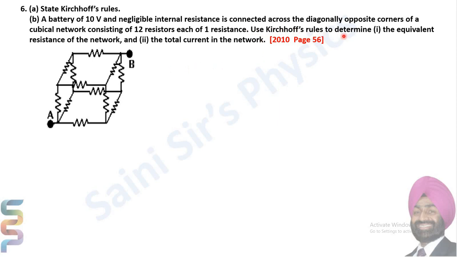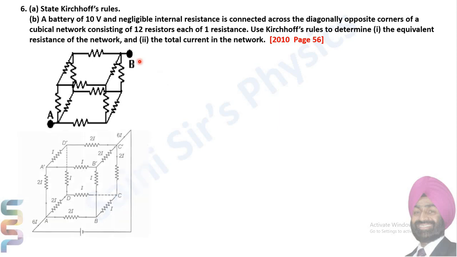Question is, use Kirchhoff's rules to determine, first of all, what is the equivalent resistance of the network, and second requirement is the total current in the network. Okay, so to use Kirchhoff's laws, we'll connect a battery across points A and B like this.